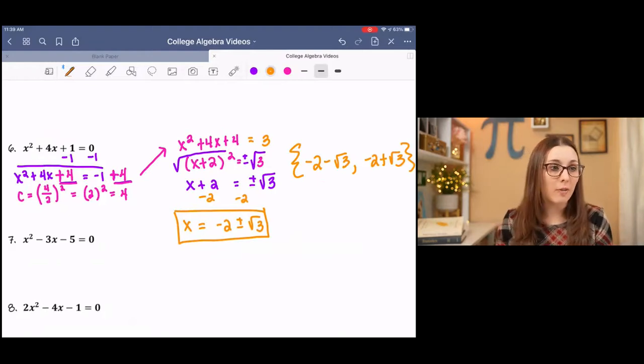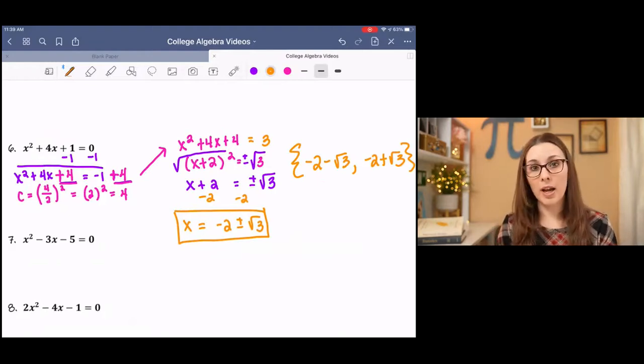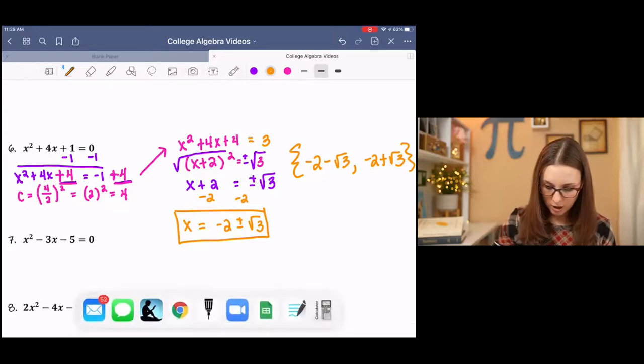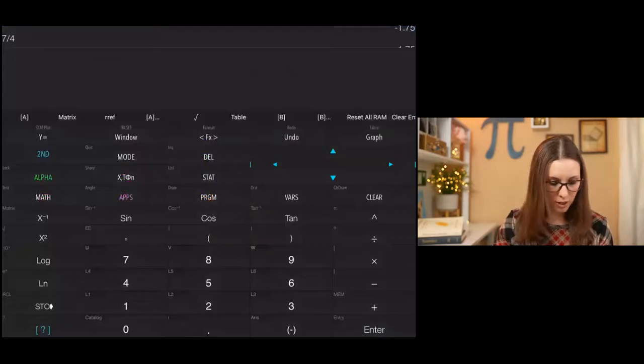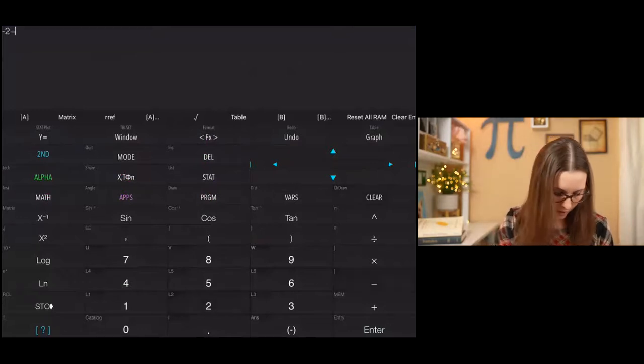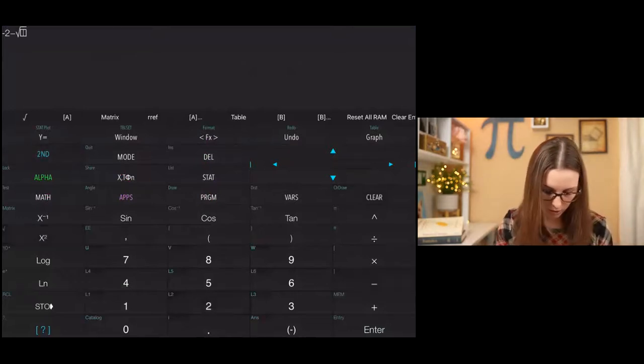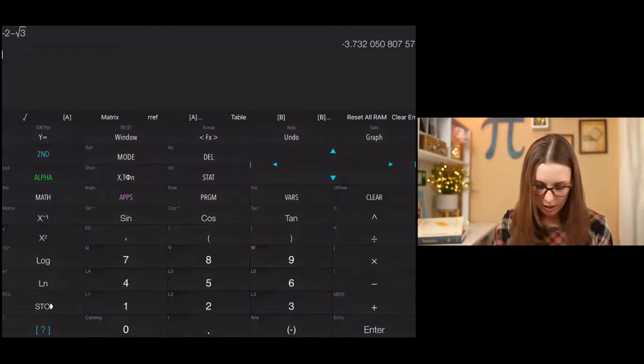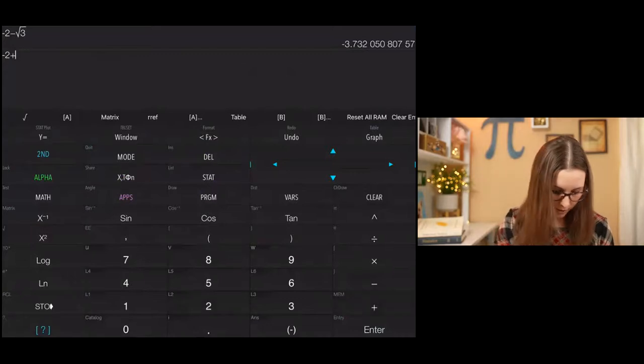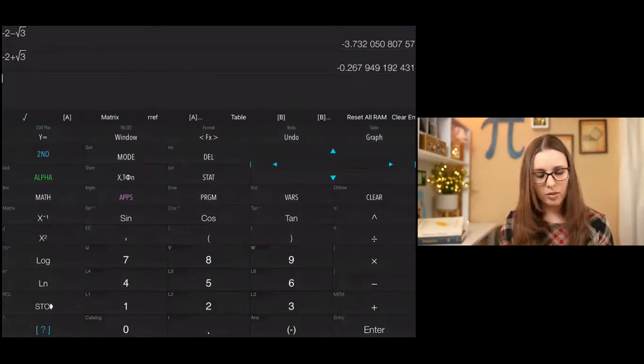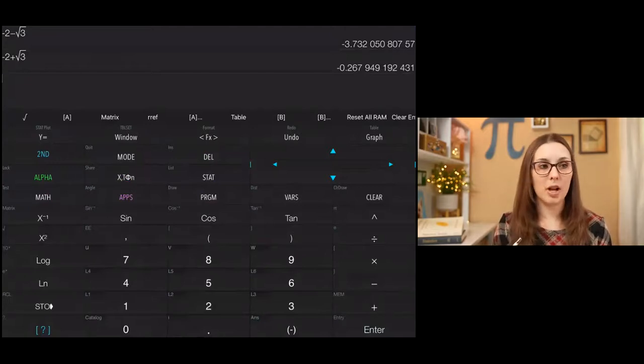And then if you're graphing, I would recommend going ahead and putting this in decimal form. To do that, you're going to have to put each one in separately: -2 minus square root of 3, and then -2 plus square root of 3. And those are the two x-intercepts.